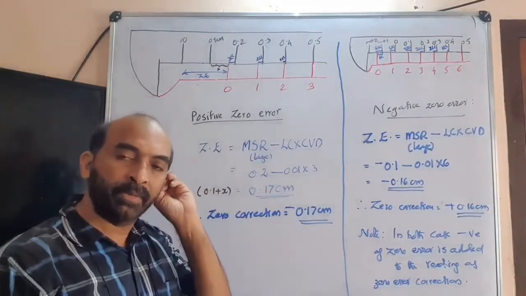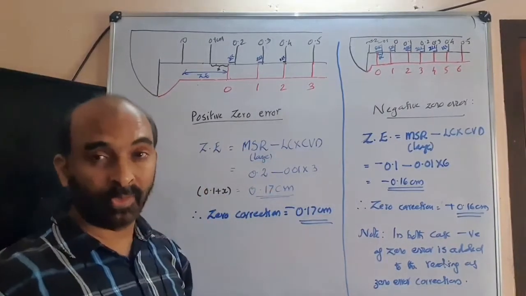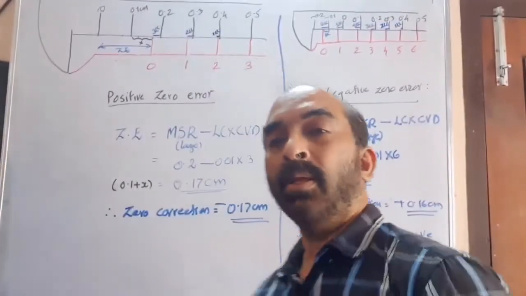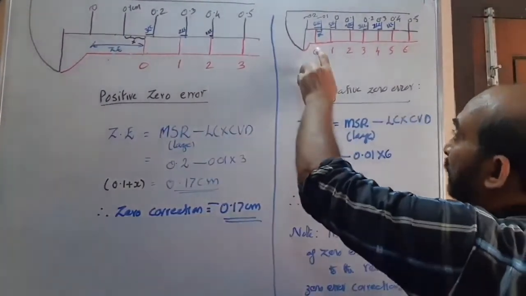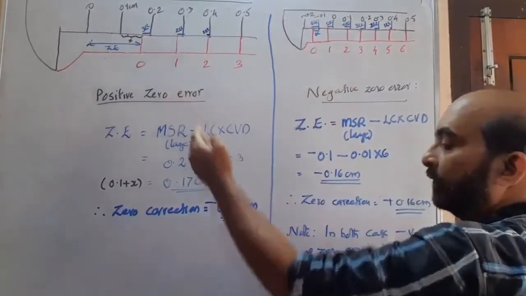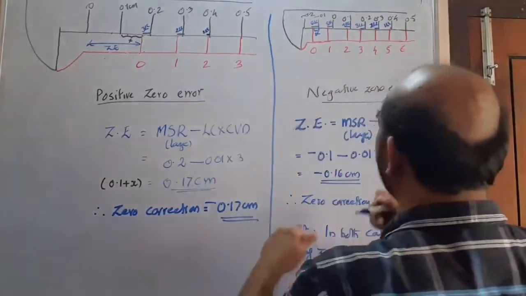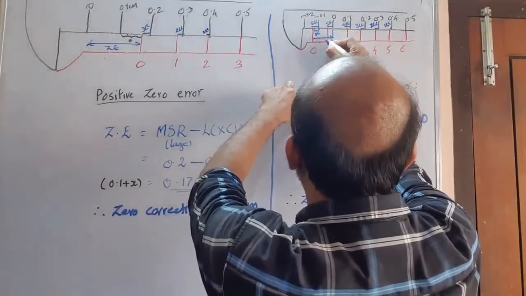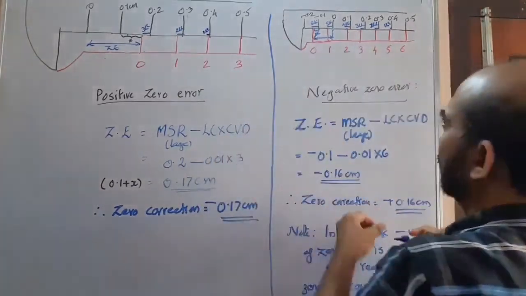Now we come to the case of negative zero error. Look here, the zero of the vernier division is towards the left of the main scale 0, and we know the zero error will be this. How to measure that?